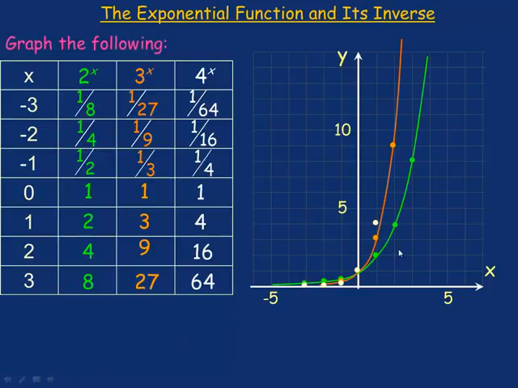And then 2, 16, well 16 is just off the top of the graph, so it would be up there. And so we draw a smooth curve between them, and we'll label all the curves. And so that's what it looks like for the basic shape of an exponential curve.